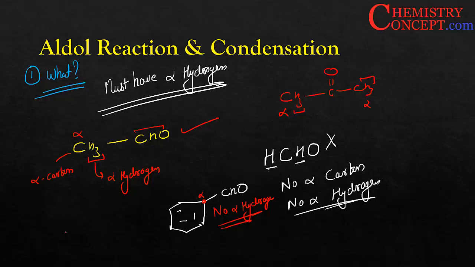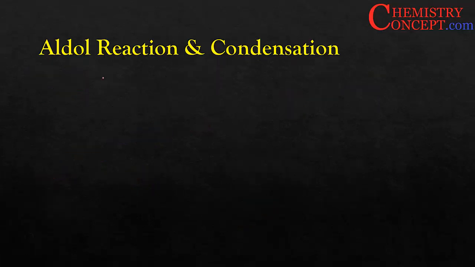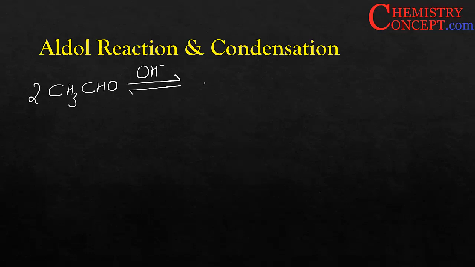Okay, now what is this reaction? I'll tell you a trick also, how to remember this. Let's say there's a molecule CH3CHO, 2 moles of this, and we heat or react this with any base, NaOH, KOH, any base. The product formed will be CH3CHOHCH2CHO.